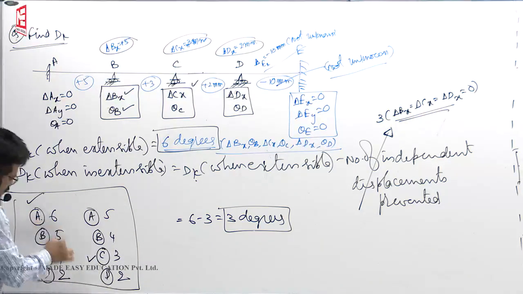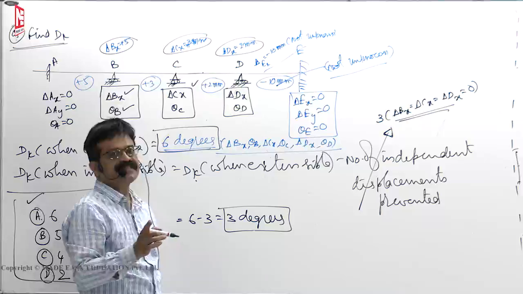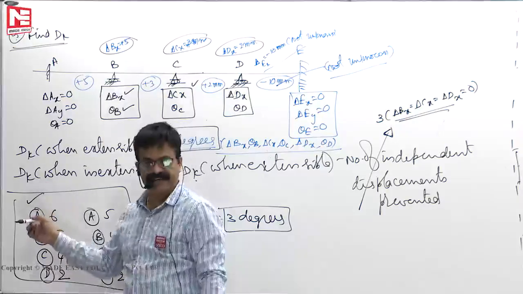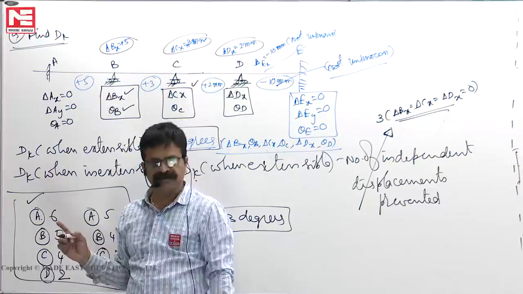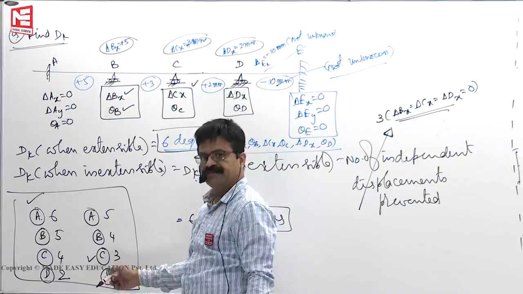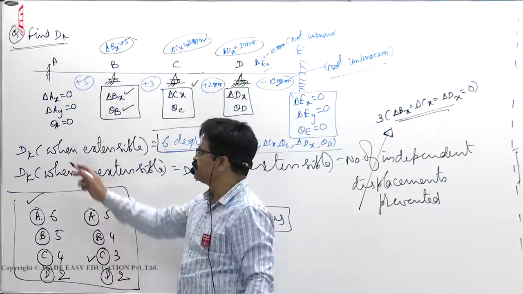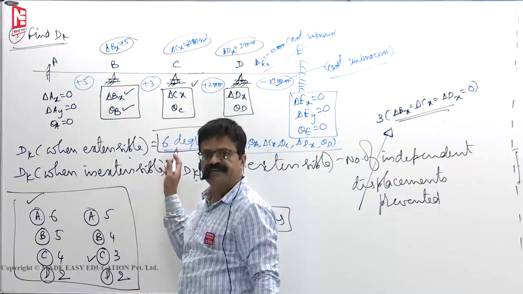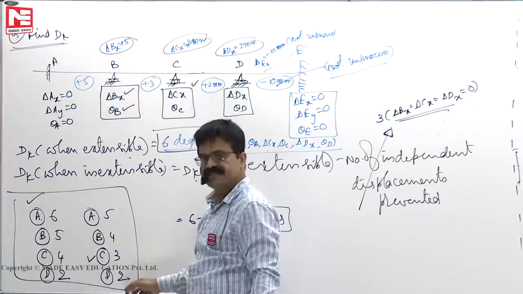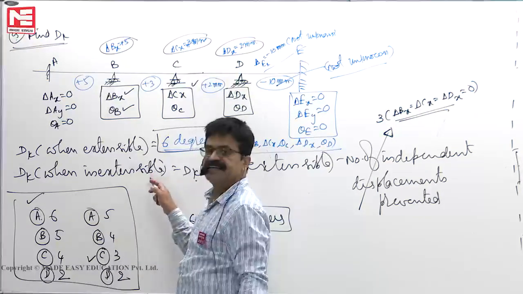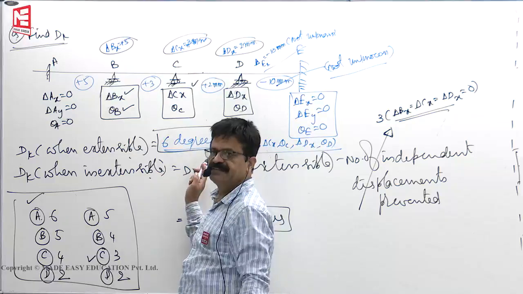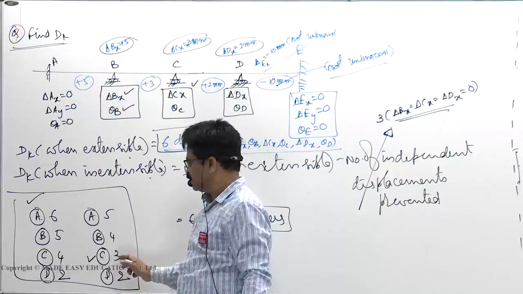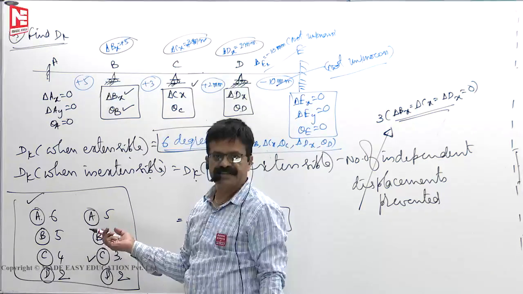If they give like this 6, 5, 4, 2, it means that he is expecting you to calculate for a general case. Then accordingly 6 will come. If you see this one, then you have 10 seconds extra time. First Dk when extensible, you calculate, 6 you are getting, but 6 is not there. Then you check the inextensible case, 6 minus 3, 3 is there. Then 3 you have to answer.